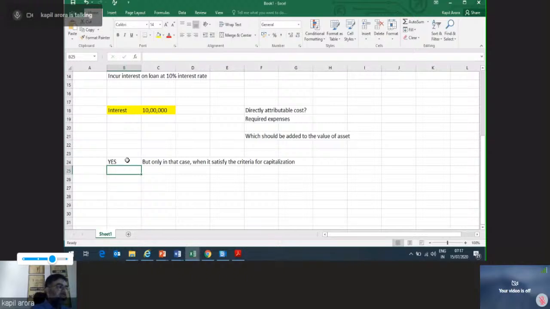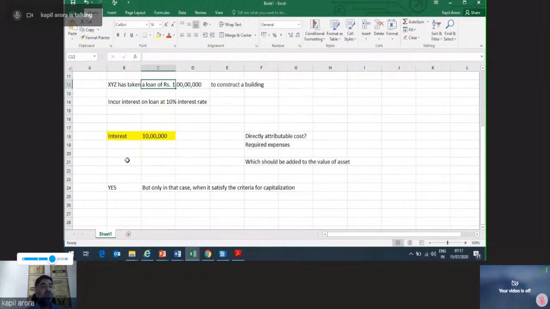Borrowing cost is nothing but cost related to financing, which is interest on borrowing. Right? All debts by the company used for the purpose of inventory. So I would say this loan which I have taken will not be the borrowing cost, because this loan in any case is getting added in the value of the asset. I have taken the loan for this.